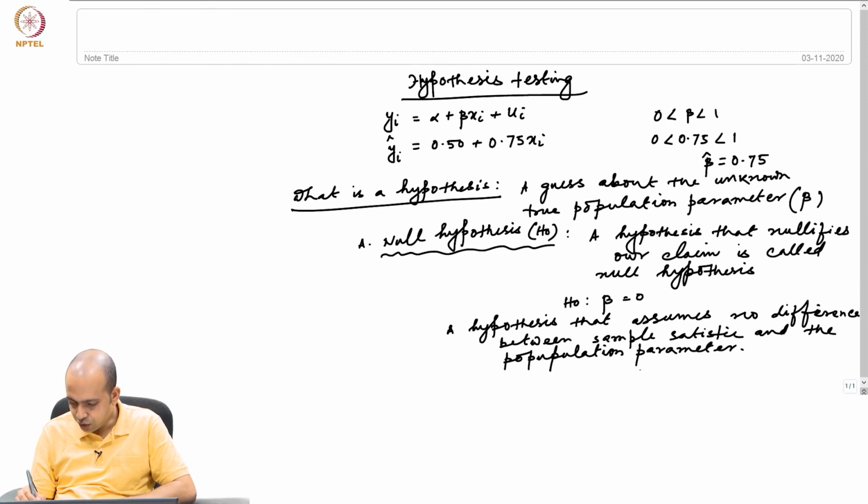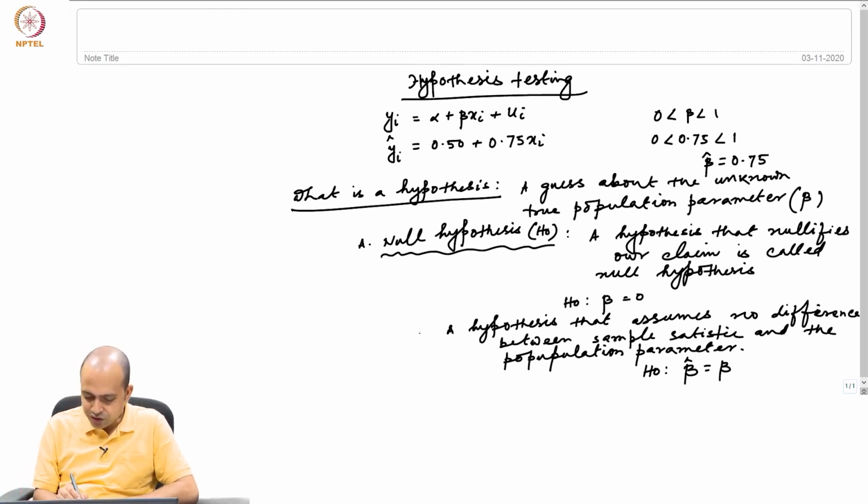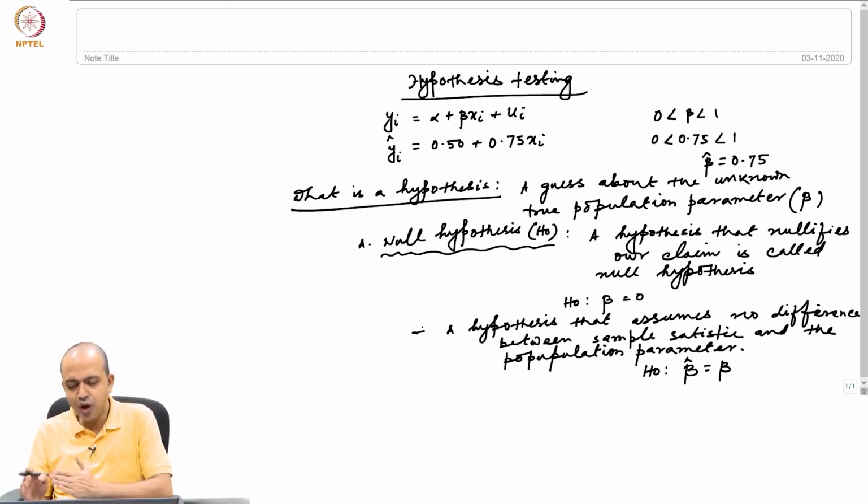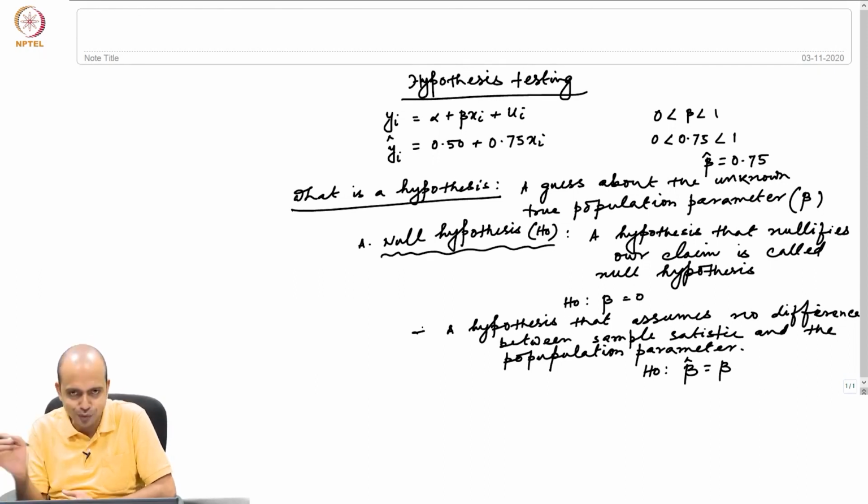That means, how will you define your null? Beta hat equals beta. There is no difference. Now, this way of defining the null hypothesis is a little difficult to understand, so I will make you understand the second definition in a later part of our discussion.